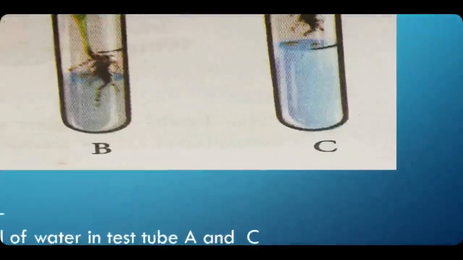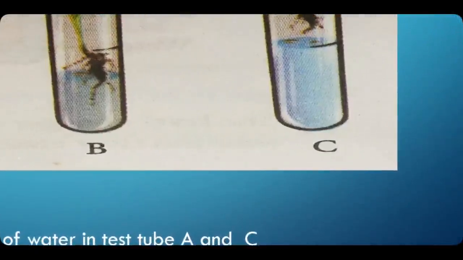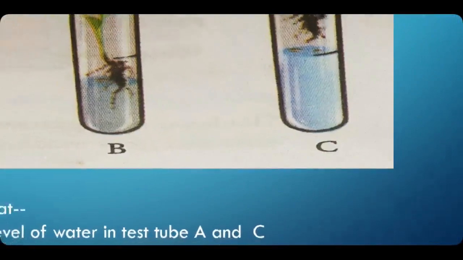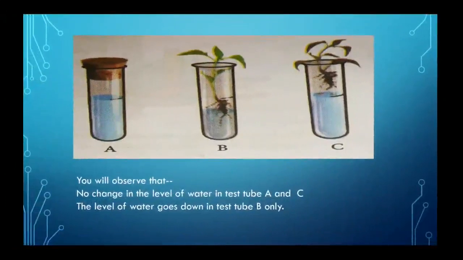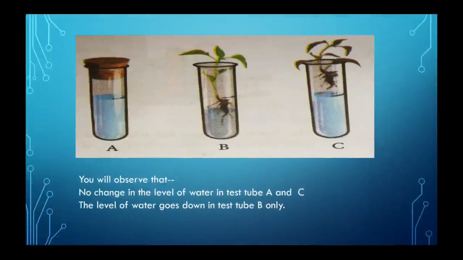In C, the roots are not touching the water, and that's how they cannot take water. They are unable to take water, and that's why there is no change in A and C, and only B has absorbed water. So by this experiment, it is proved that roots are responsible for absorption of water.